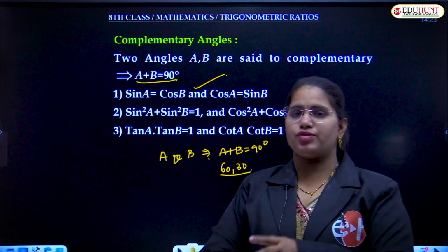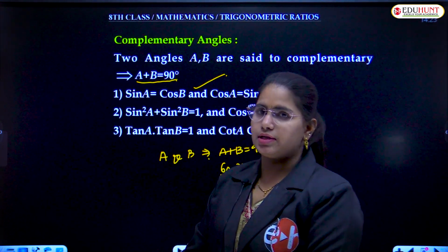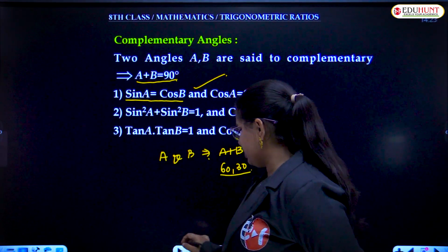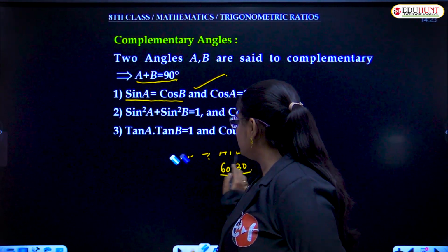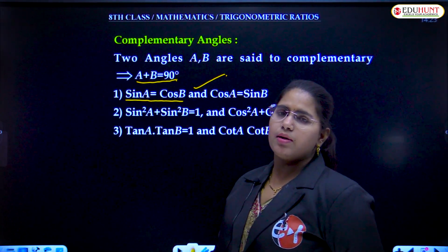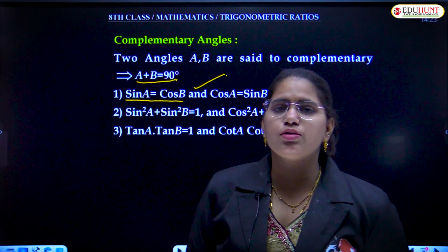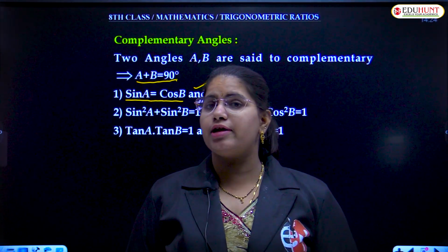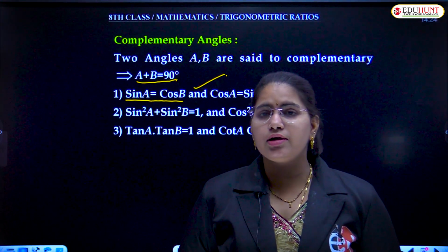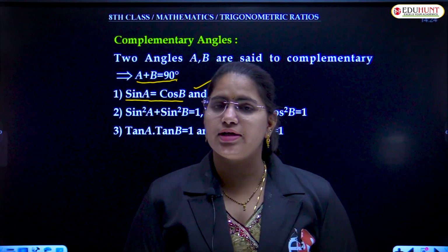What are such results? Are you excited to learn? The first result is sin A is equal to cos B. Do you remember, when I explained the trigonometric ratios of sine and cos, that cos is abbreviated as complementary of sine theta?